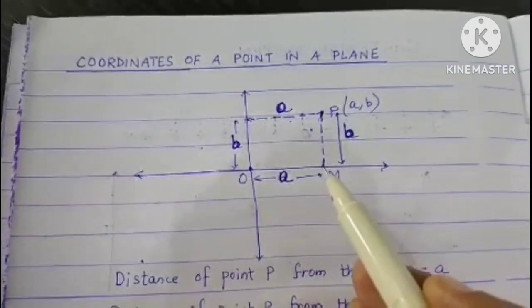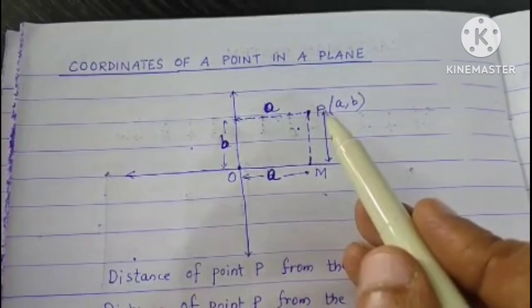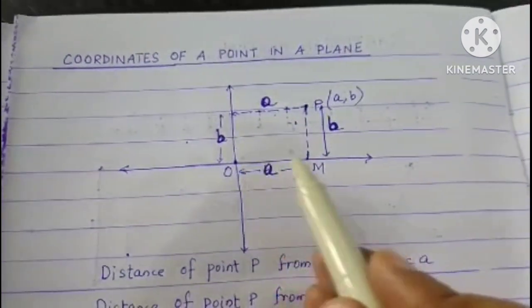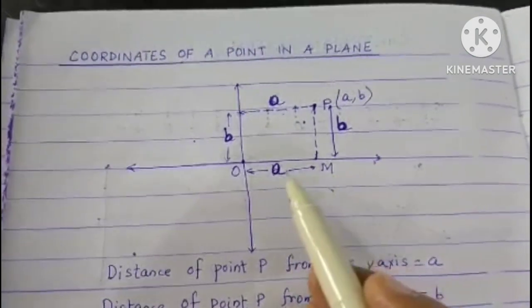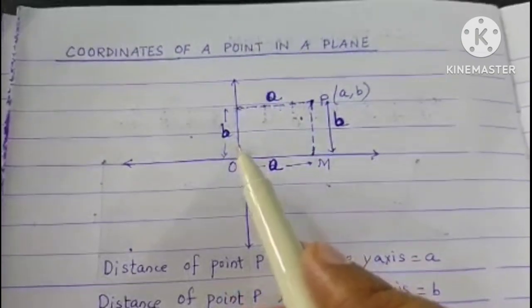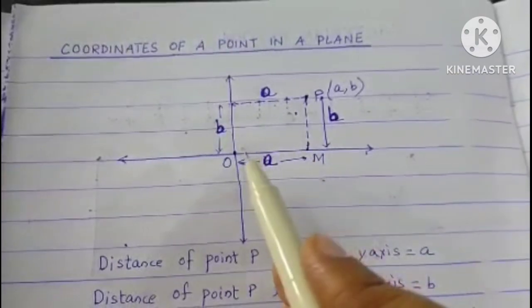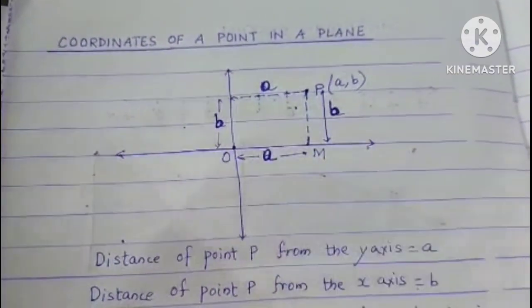Now the x coordinate, that will be A, is the distance from the y-axis. You see this OM is equal to A, and this is the distance from the y-axis. The distance from the x-axis is equal to B.